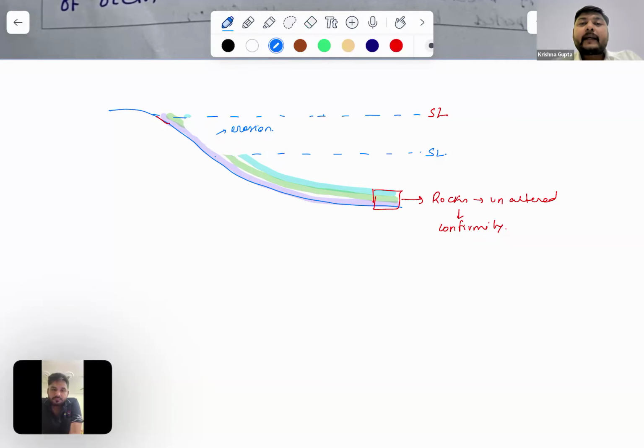But what will happen next in the same part? There will be deposition of new sediments in this particular region. Now the sea level is rising again here. This is 3, this is 1, this is 2, and this is 3. So in this phase there will again be deposition from this particular aspect.